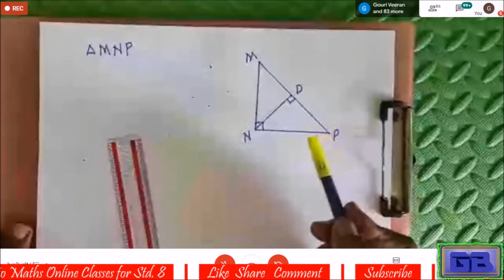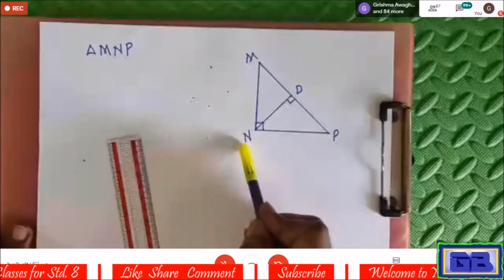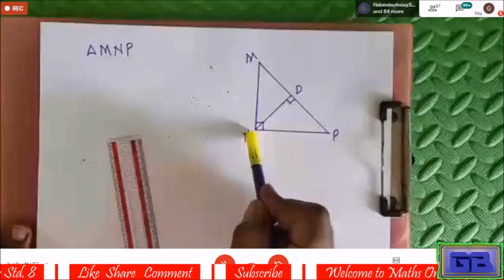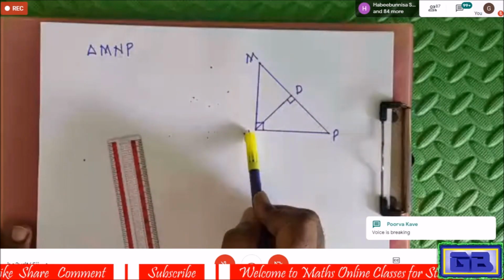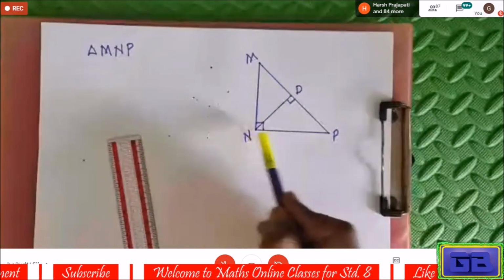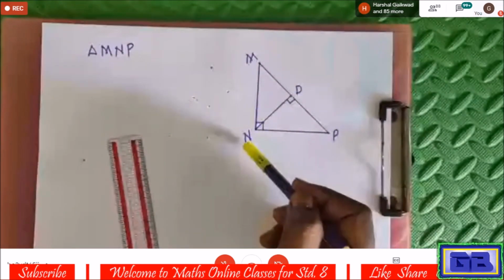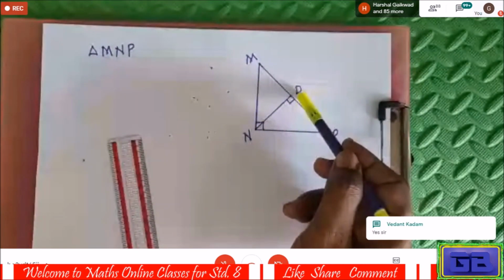So no need to draw another perpendicular, or we can't draw another perpendicular. It will come on this only. It means for vertex N, D is the perpendicular.